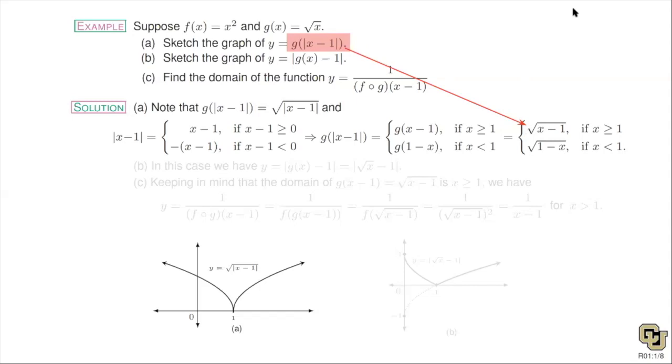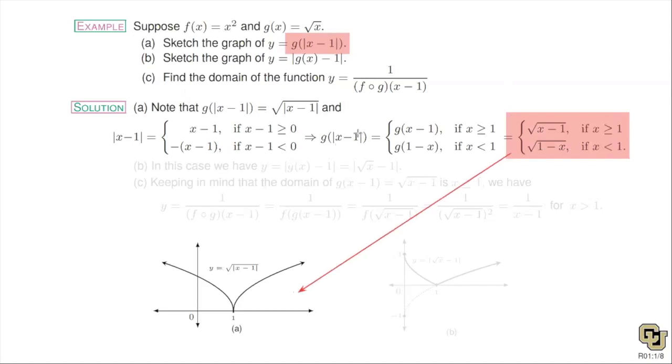If x is less than 1, this is what the function looks like. At that point, it's very explicit, and once I have it in this explicit form, you can just graph each piece. So getting to the piecewise definition here is really important, because the brain doesn't really understand an expression like this. This makes a little more sense. This we can connect up to this picture a little better.